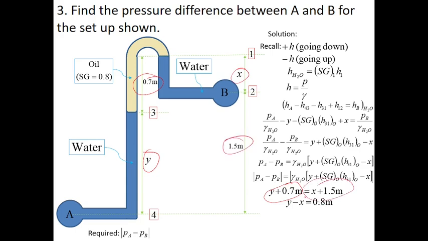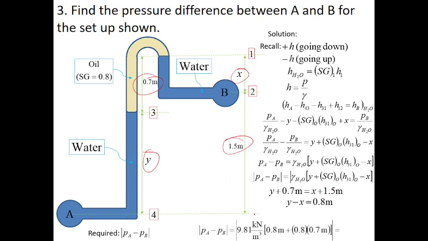They are equal. Transpose X to the left: Y minus X equals, transposing 0.7 to the right, 1.5 minus 0.7. So this is now 0.8.